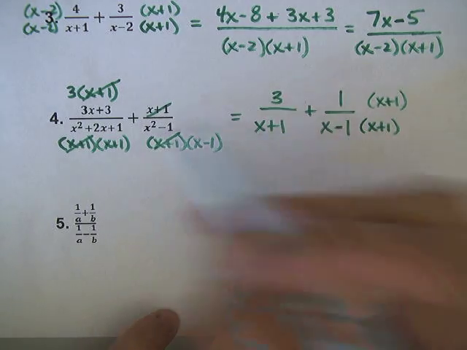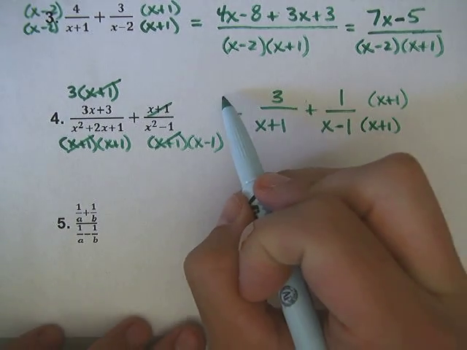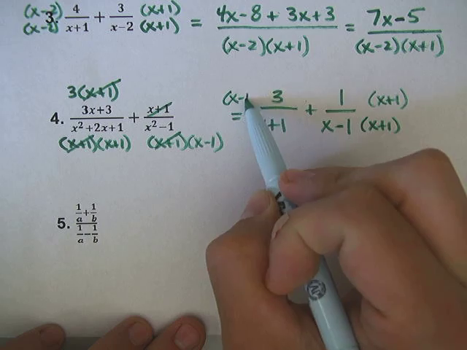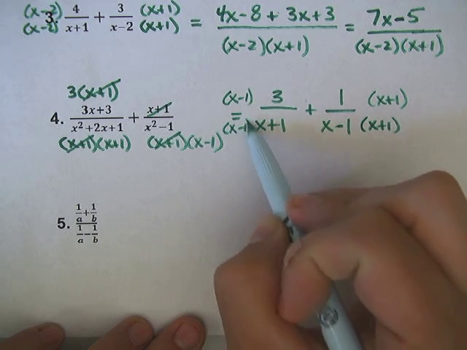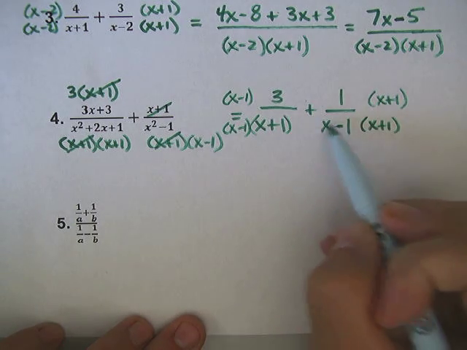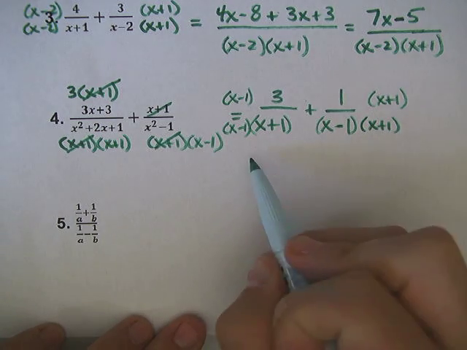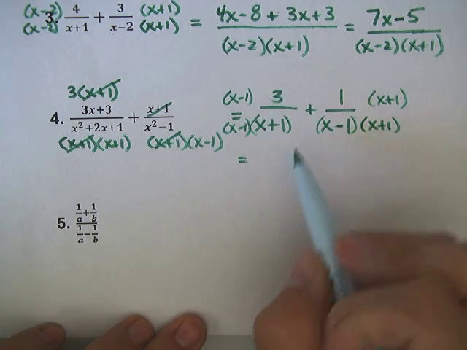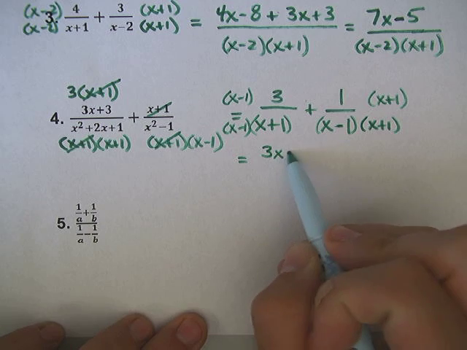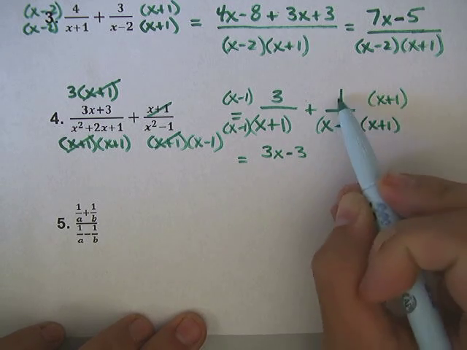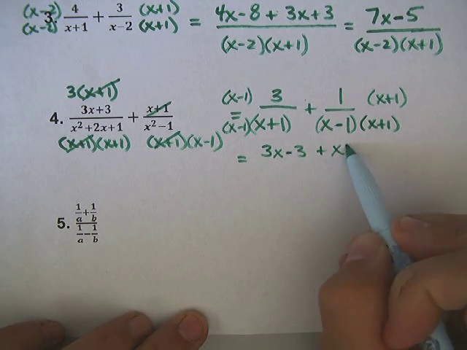And although these look like they're real close, they are not. We still need to multiply this by an x plus 1 over x plus 1. But because I reduced over here, it's going to make it just a little bit easier. And over here, I'm going to multiply by an x minus 1 over x minus 1. These technically should have parentheses like that.